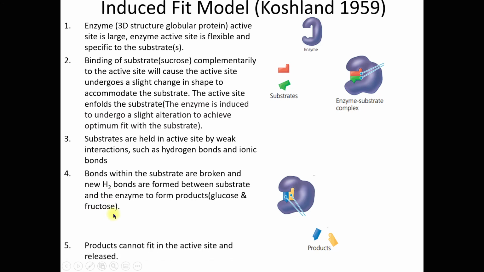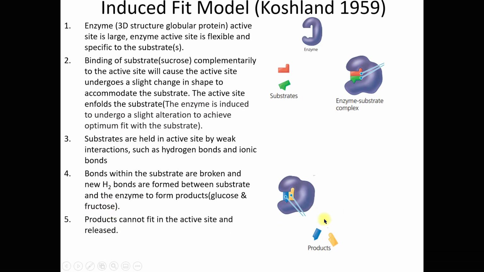The products cannot fit in the active site of the enzyme, and thus the products are released. Then the active site of the enzyme is available, and the enzyme is reused to bind with other substrates that are complementary to the enzyme active site.